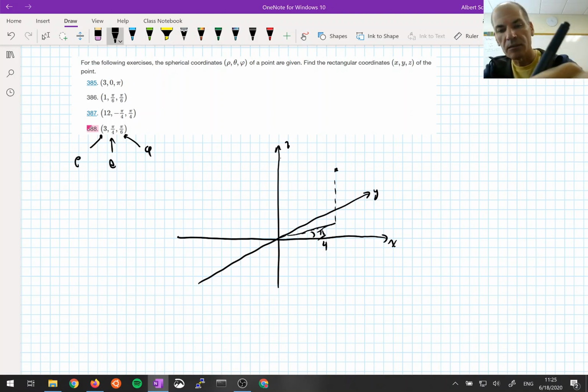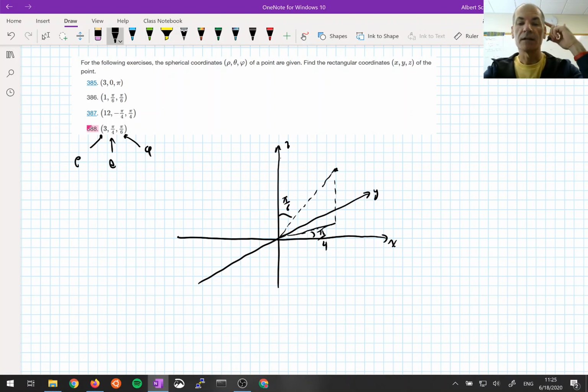And finally, when I look at this line segment, it makes an angle of pi over 6 with the positive z-axis. So again, we have formulas for this, but I think it's helpful to figure out, using trigonometry, what these things look like.